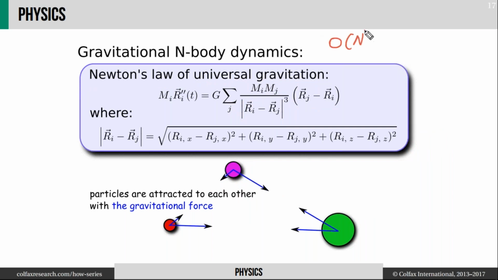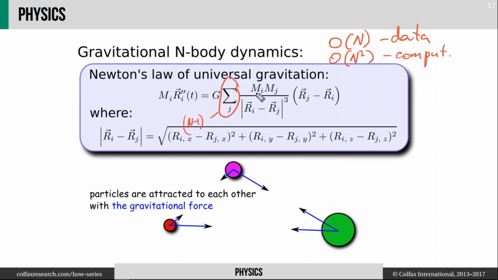The amount of data that we have is O of n. What is the amount of computation that we have to do? N squared. Why? Well, that's because the sum is over all partner particles, so it has n minus 1 terms.